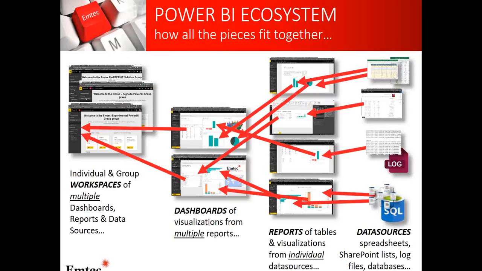Those data sources feed individual reports that you're building either in the Web Studio or the Desktop Studio. A report is multiple pages of tables and visualizations that are drawn each from individual data sources. So you end up with a lot of different reports. They're all stored initially locally in your desktop version, or they're stored as web reports up in the Web Studio.